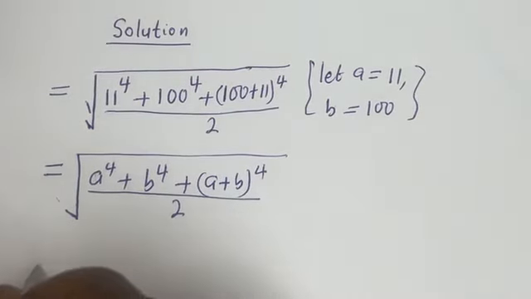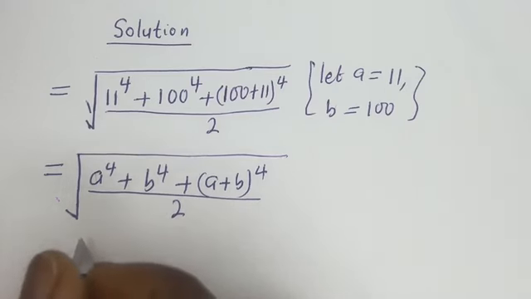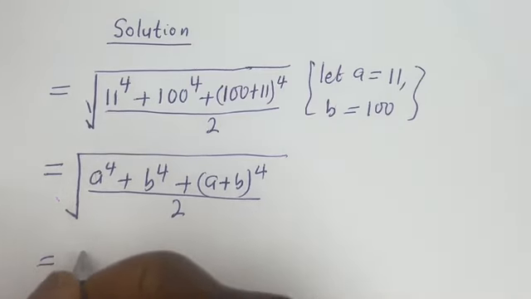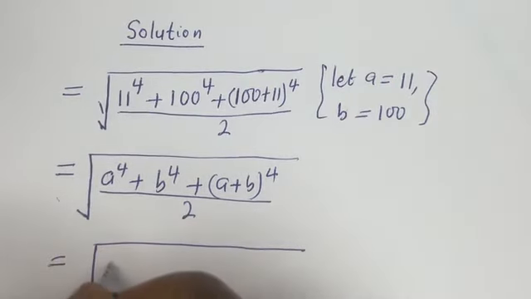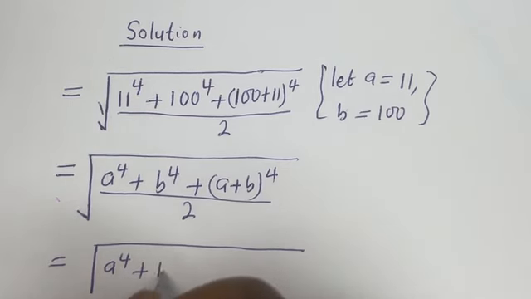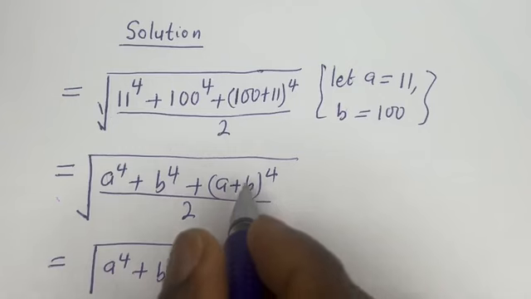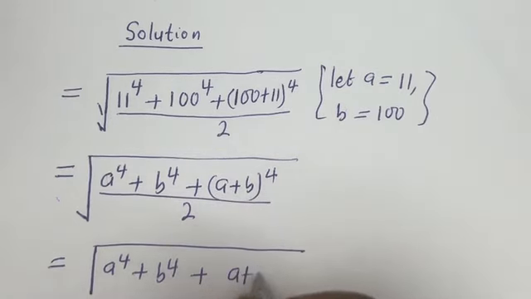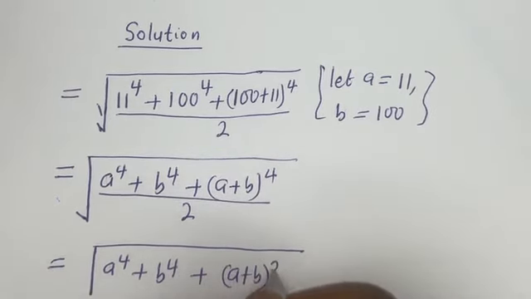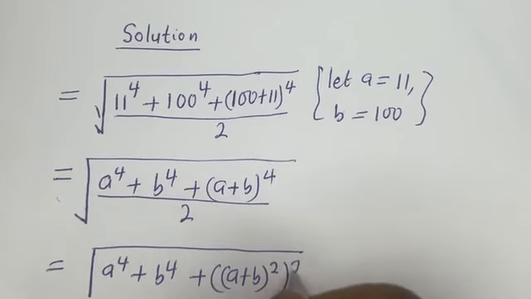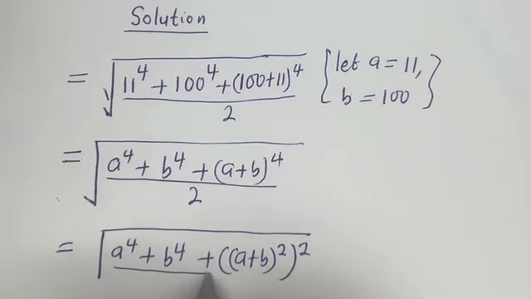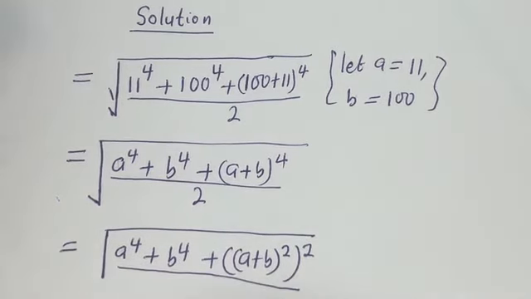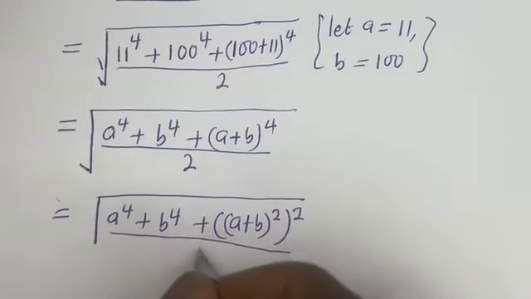And this is equal to half square root of A to the power of 4 plus B to the power of 4 plus A plus B all squared, then everything divided by 2.